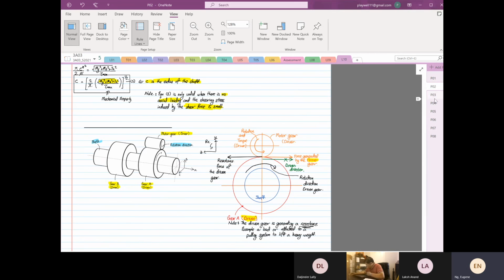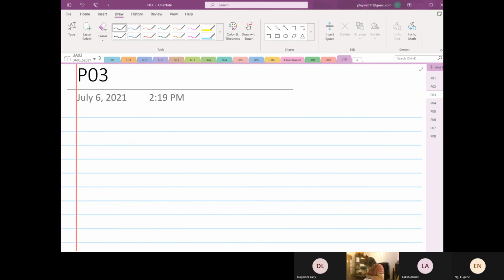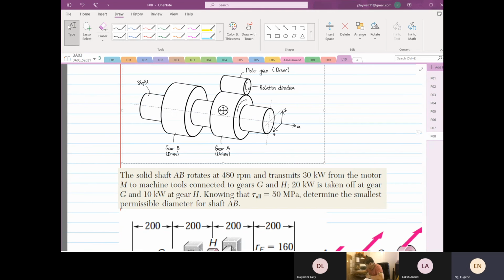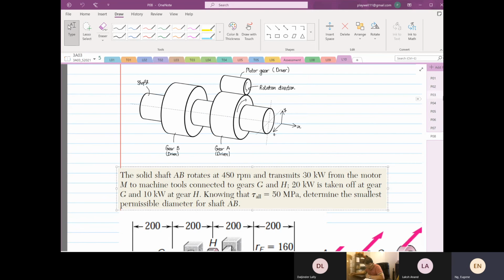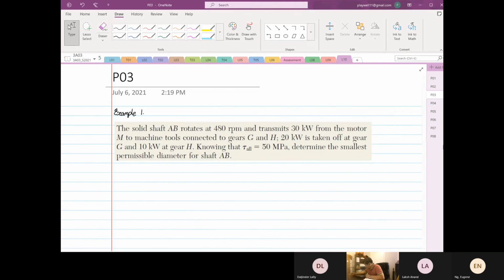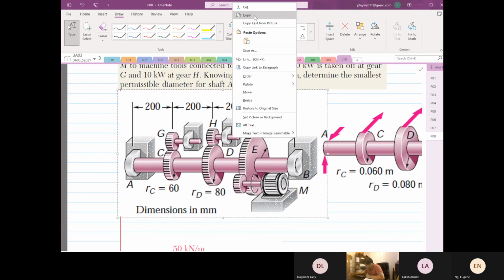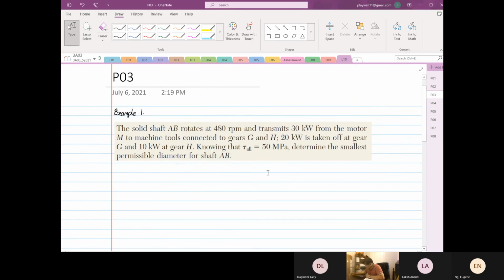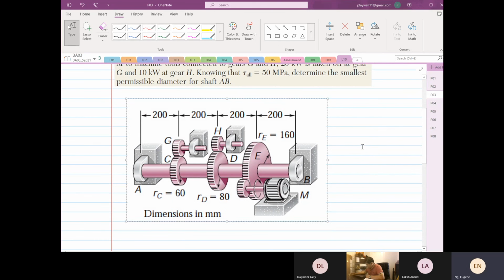Right, let's look at our problem. Example 1. There are a few formulas that you all have to remember, or rather take note of.